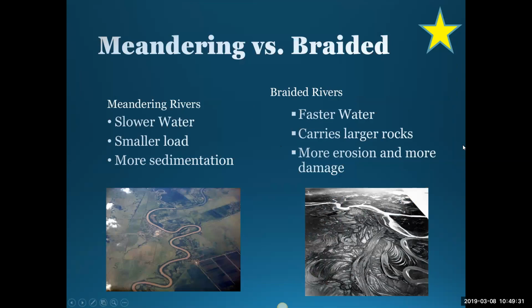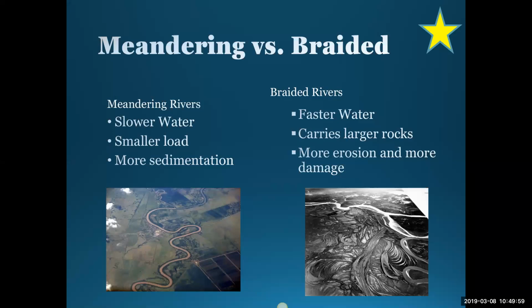So comparing the two, and this is key to understand these relationships because there's several questions on the test bank. I think there's more questions about this specific thing, meandering versus braided, than any other concept in the test bank. So meandering rivers are slower.